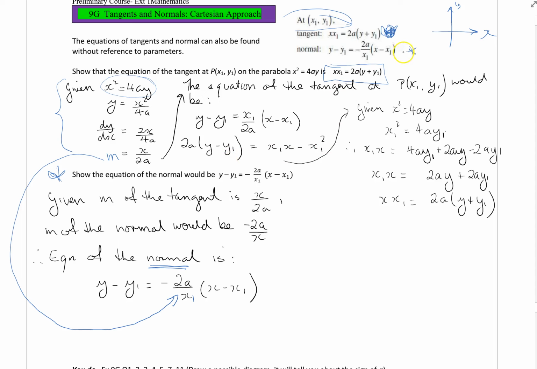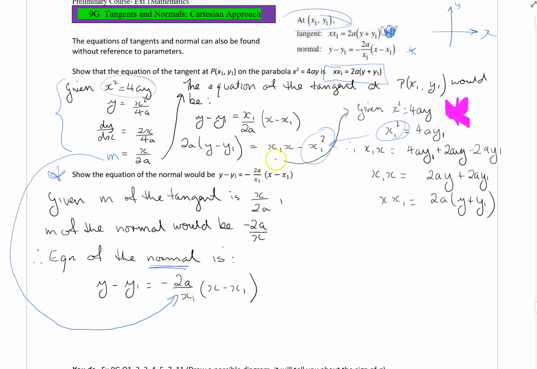And in the end I don't want any x1 squareds. So now this is a little technique. I've gone back to my original equation and said, given that x squared is 4ay, this x1 squared would be 4ay1, subbing in x1, y1. So now I've got an expression for x1 squared, and I'm going to replace that.